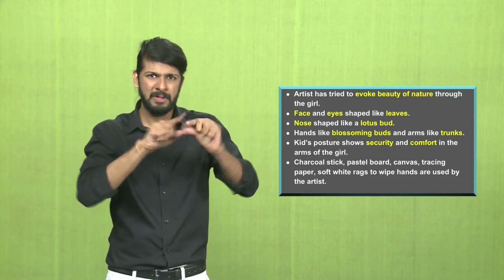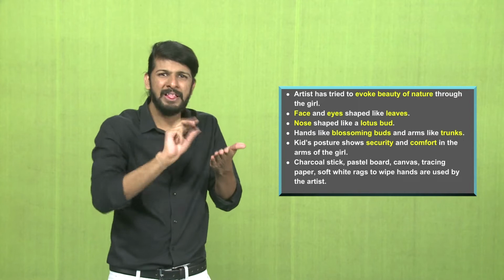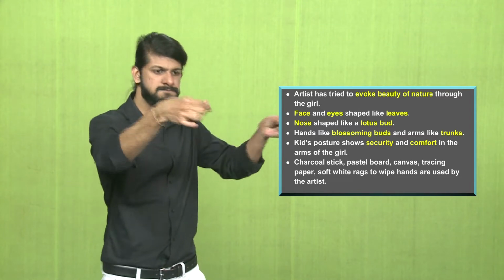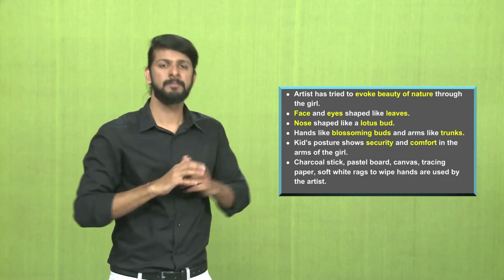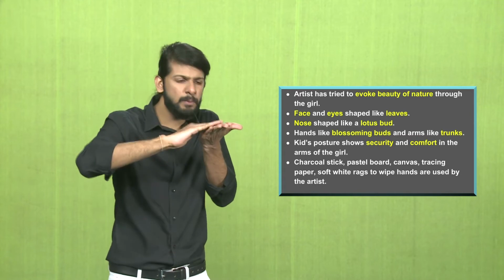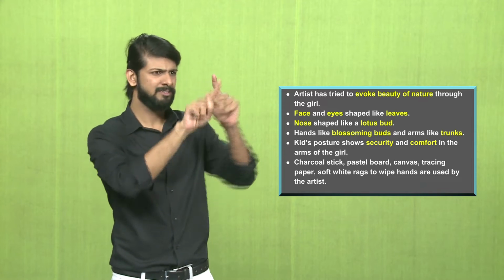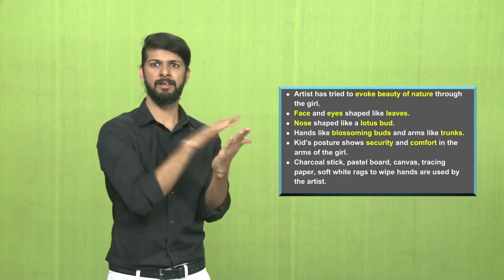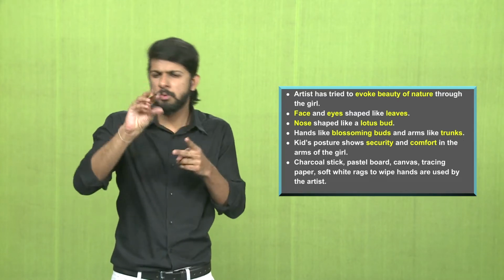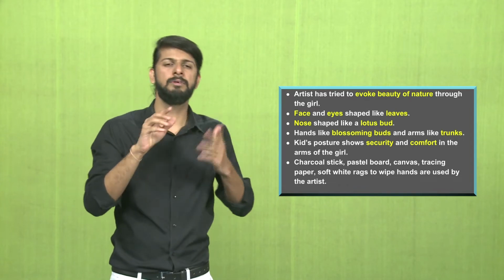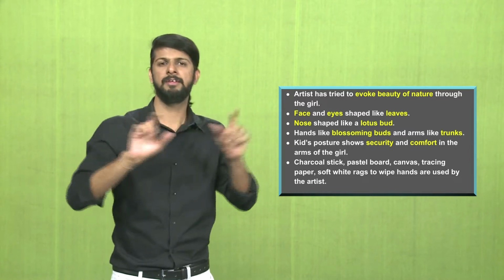The artist here has used a number of items, namely charcoal stick, a pastel board, canvas, tracing paper, and soft white rags to wipe hands, basically because of the dusty residue of charcoal.